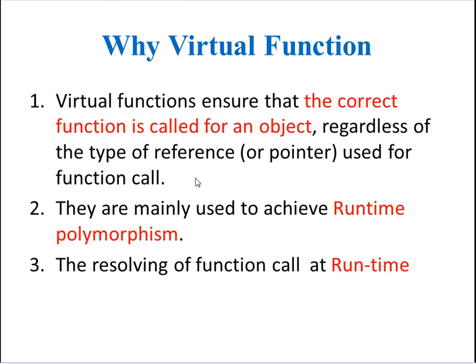They are mainly used to achieve runtime polymorphism. When you add the virtual keyword in front of a function, it is to achieve runtime polymorphism, which resolves the function call at runtime. Without it, it is compile time polymorphism.